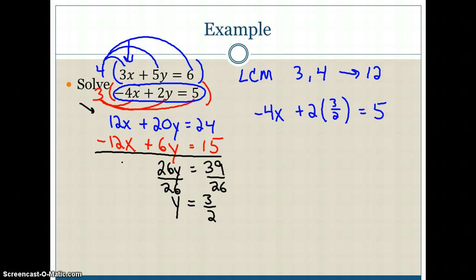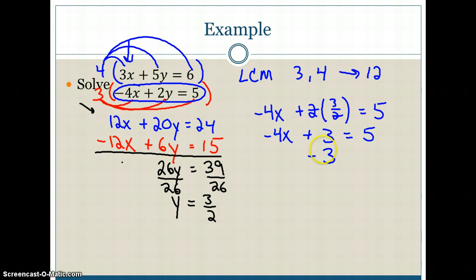Now what I will suggest is to always use one of the original equations, because they typically have smaller numbers. Because as you saw here, we had to multiply and create bigger numbers. The smaller ones are typically nicer to work with. We got -4x plus 3, those 2's cancel, is equal to 5.